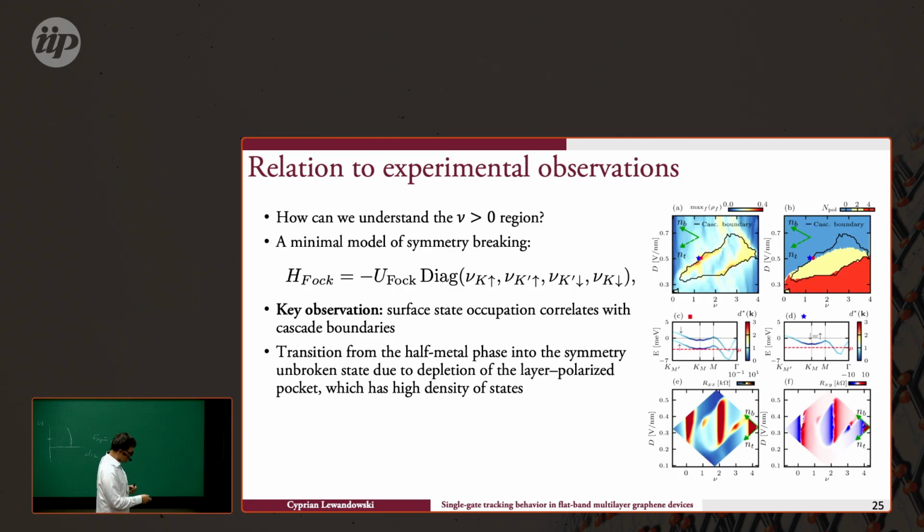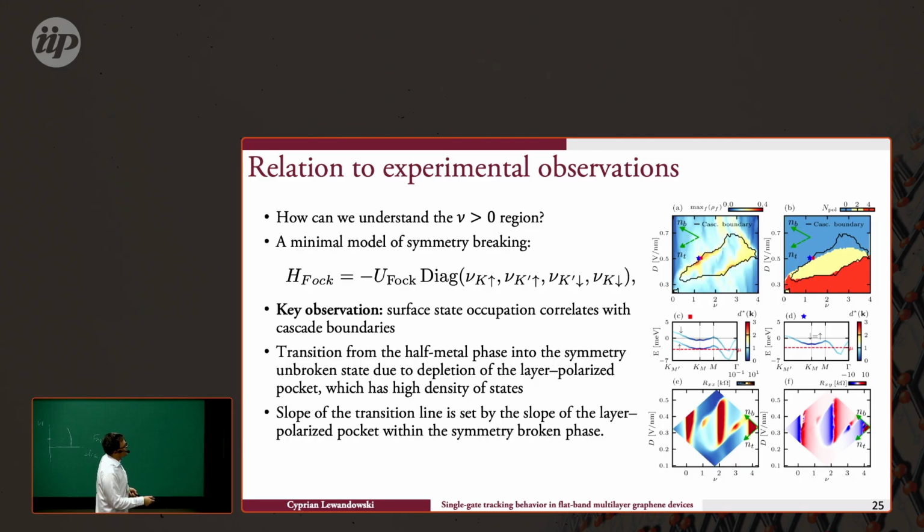And actually, interestingly, if I think of this further, the slope of this boundary is set by the slope of my surface state. So that's the explanation for why the boundaries of the symmetry broken region seem to follow a single gate. In the experiment, I am talking here of this boundary and this boundary. I am not including in my calculation the states here and here, which would correspond to a quarter metal.